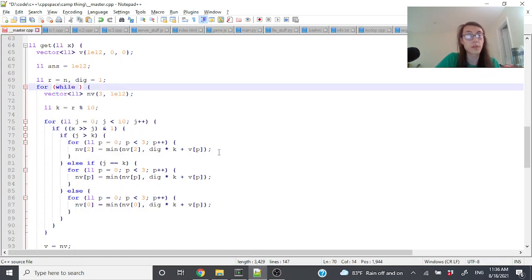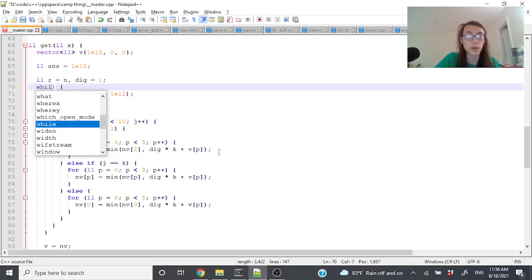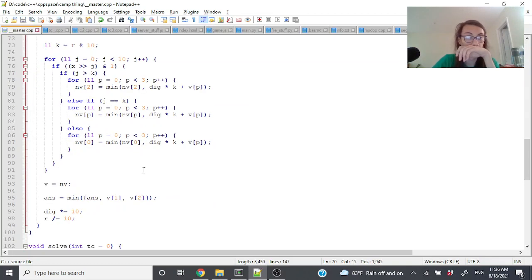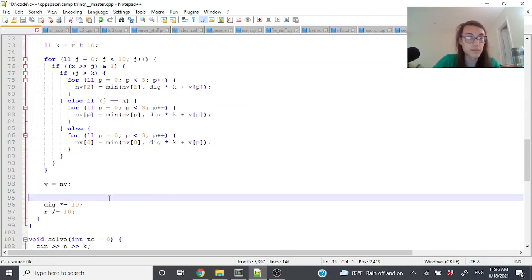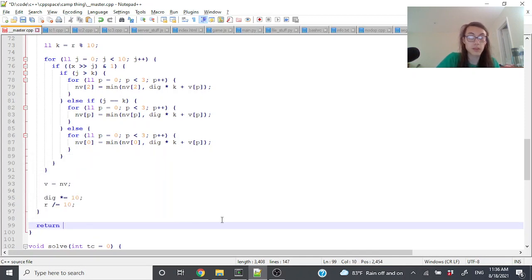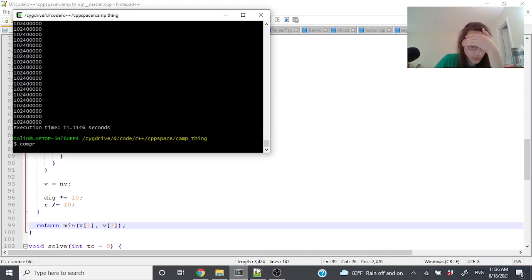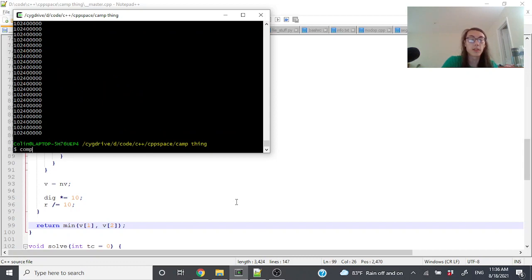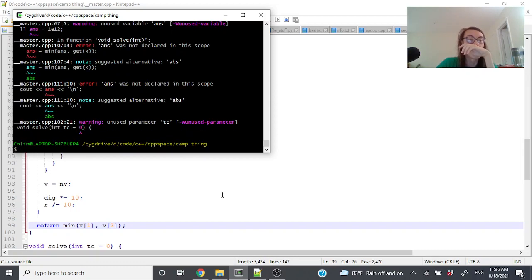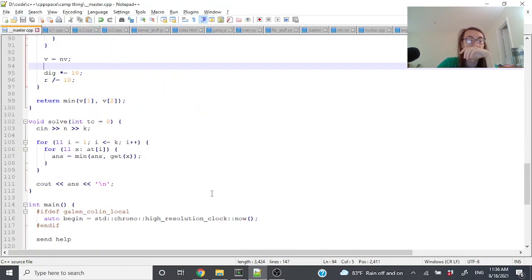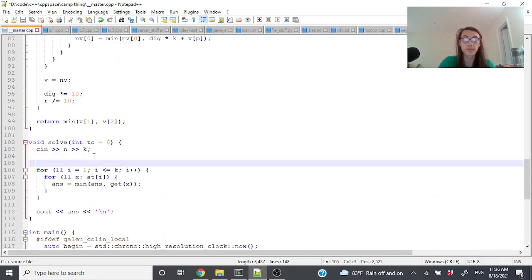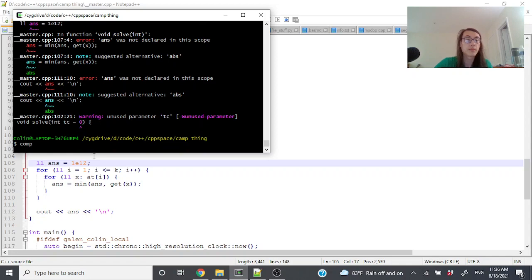What is it? While r is greater than 0, I guess. I have no clue. Oh, I want this contest to be over. I really just want it to be over. Like, seriously, I want to be done with this problem. Okay, let's be done with this problem.